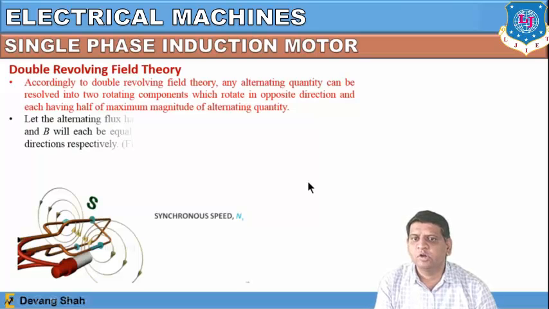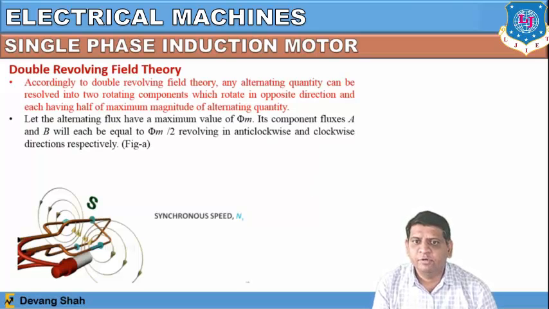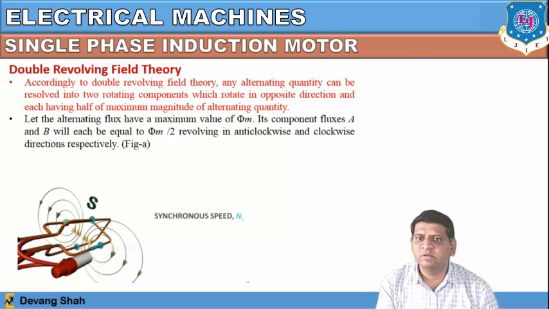If we talk further, let the alternating flux have a maximum value of phi m, and its component fluxes A and B each be equal to phi m divided by 2, revolving in the anti-clockwise and clockwise directions.